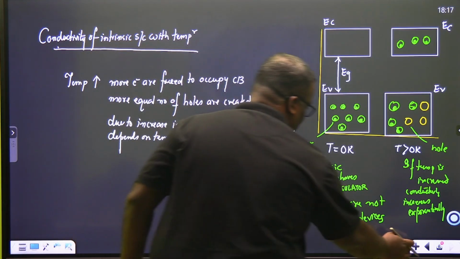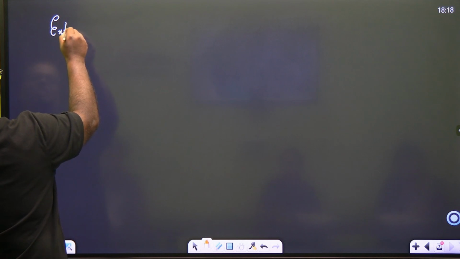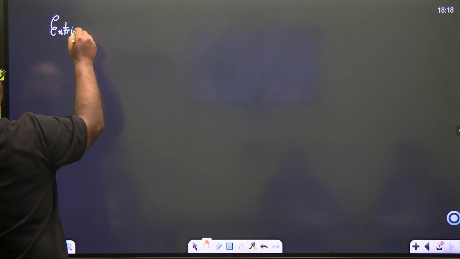Okay, let's look at extrinsic semiconductors a little. Now we don't have an exact definition for extrinsic semiconductor, but to understand it, they are intrinsic semiconductors which have been made impure.